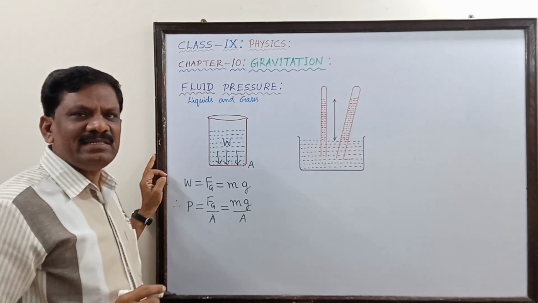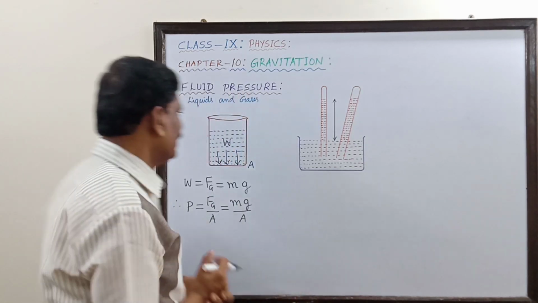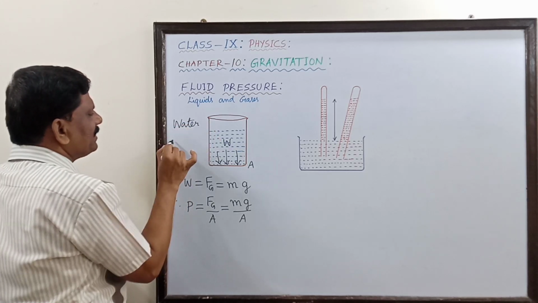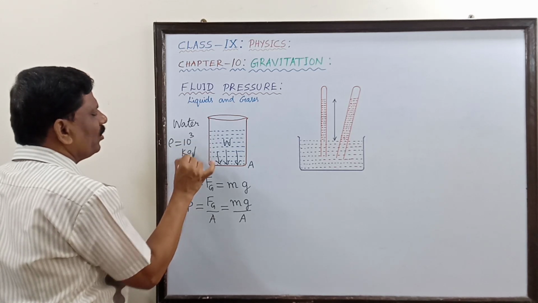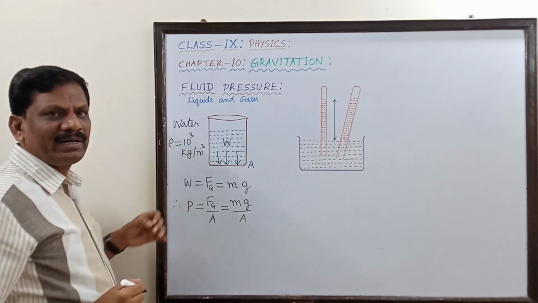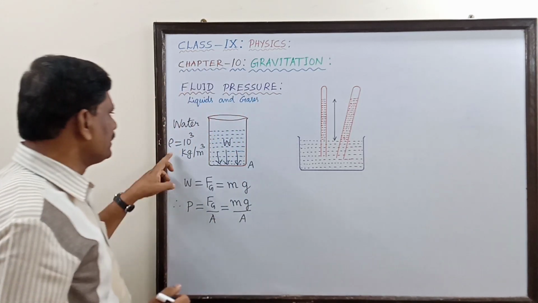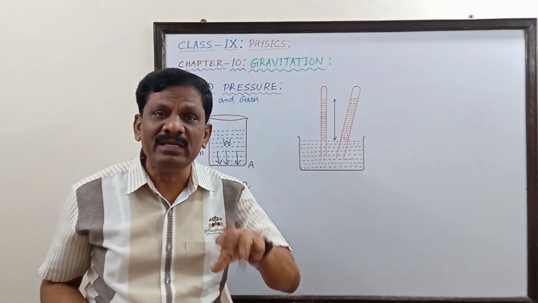Now, what is the density of any liquid? Water has a density. The density of water is rho equal to 1000 kilogram per meter cube. Rho is the symbol for density. Density means mass by volume.